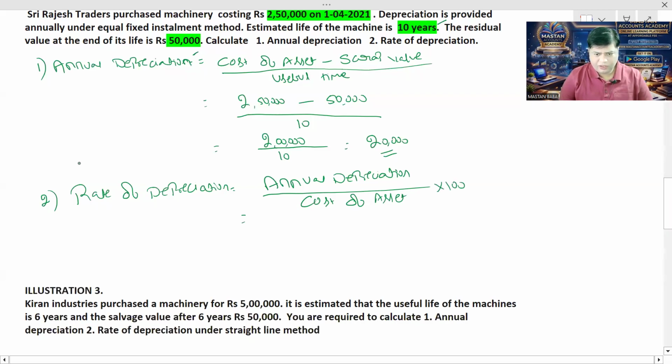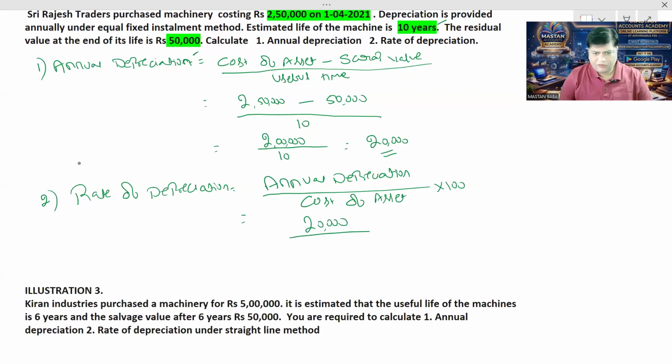What is annual depreciation? 20,000. Cost of asset is 2,50,000. So 20,000 divided by 2,50,000 into 100, you will get 8%. So therefore, the answer is rate of depreciation is 8%.